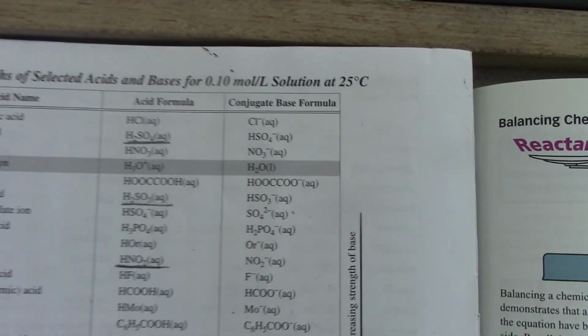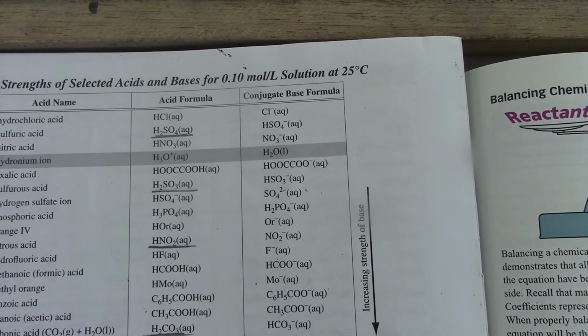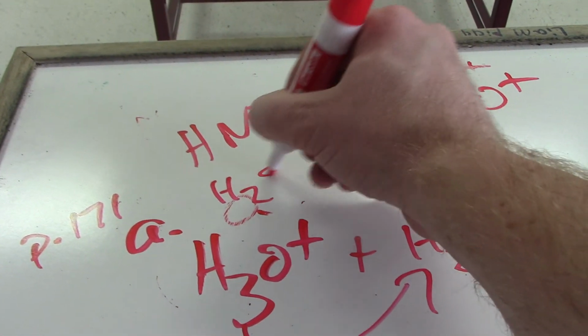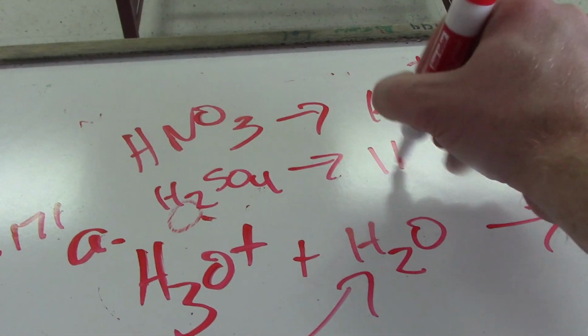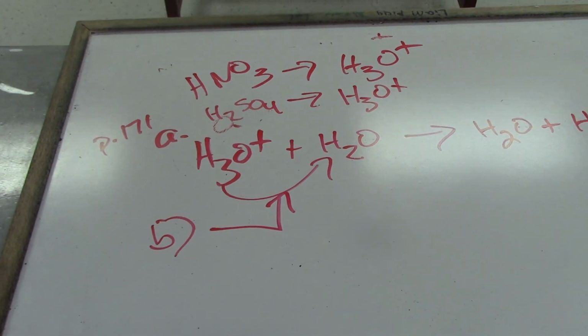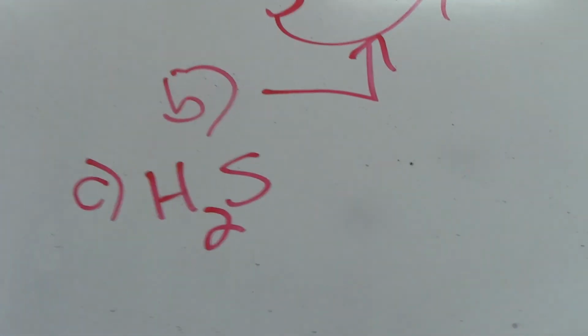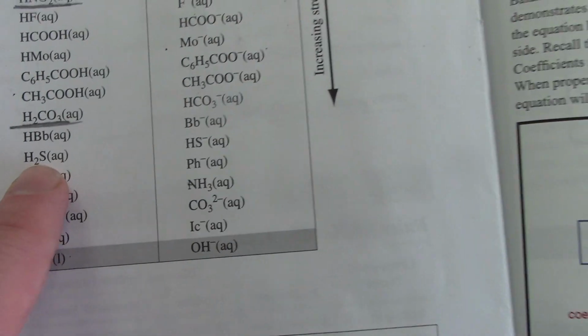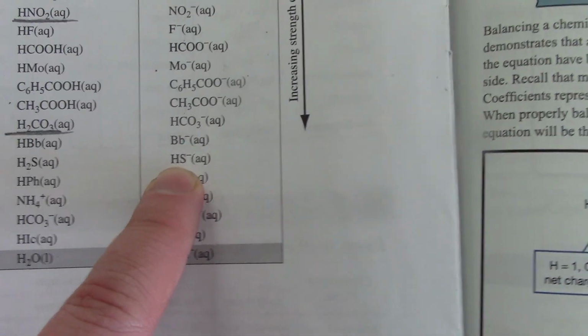If I look at B, that's H2SO4. That's also a really strong acid, so the H2SO4 also makes H3O plus. This is the same answer. But let's look at H2S. I've got my H2S, and it's going to react with water and make a conjugate.